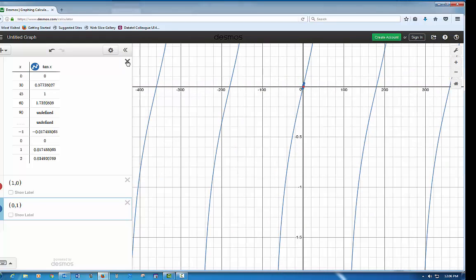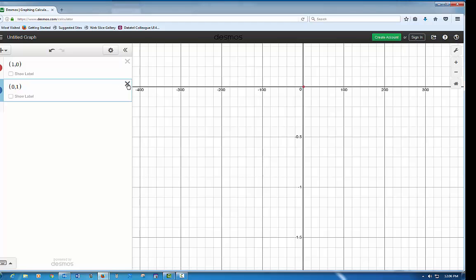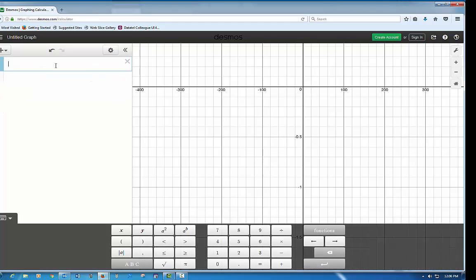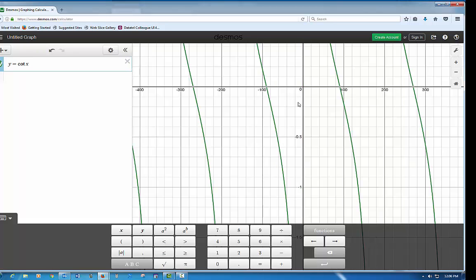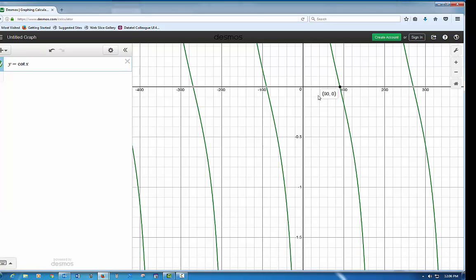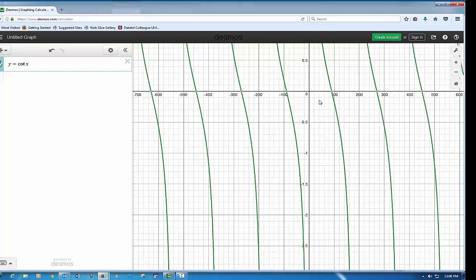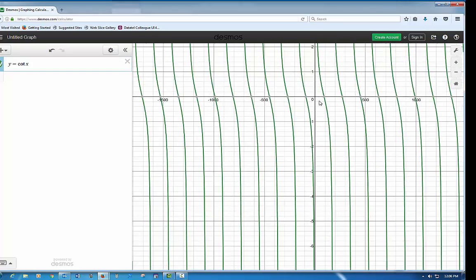Now, let's put cotangent in there. So if tangent is sine divided by cosine, then cotangent would be cosine divided by sine. And so it's flip-flopped. Over here at 90 degrees, you have out 0 and up 1. So the areas between the asymptotes are in different places, but they still have the asymptotes.